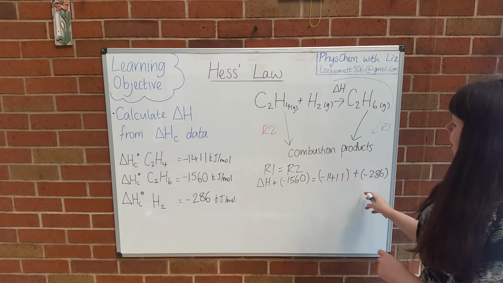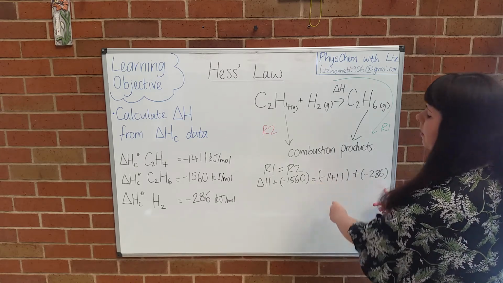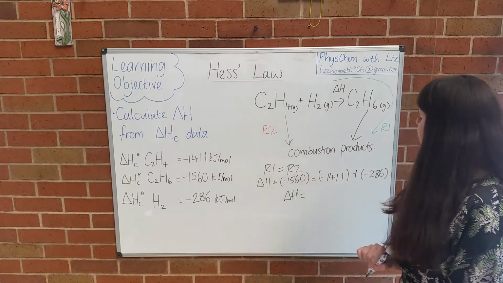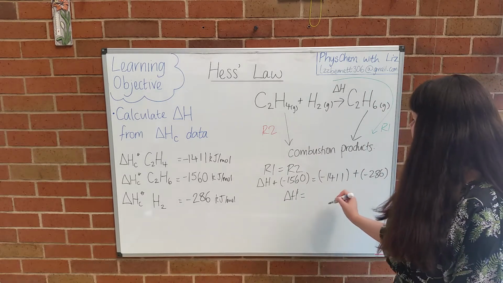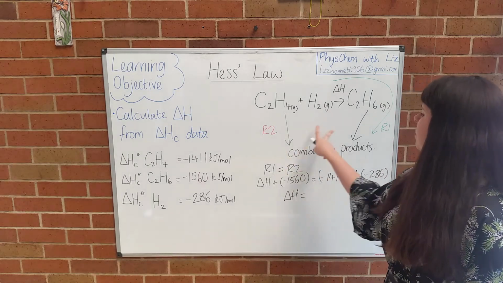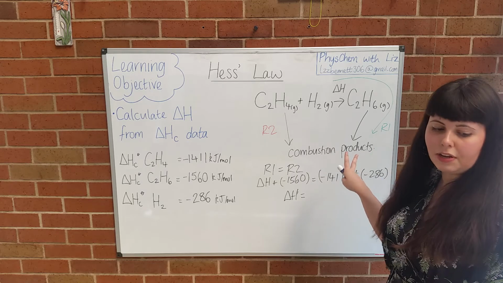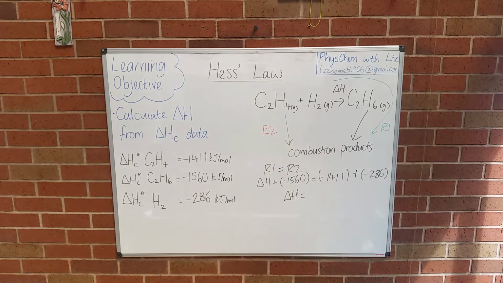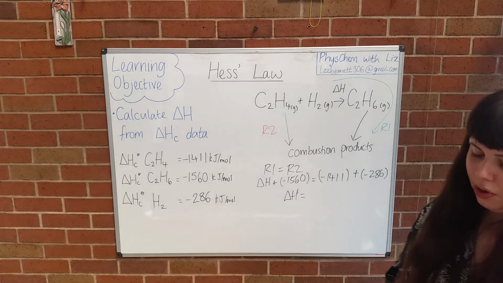We work this out on our calculator, this side first. Then we rearrange in terms of delta H. And to isolate delta H, we take this over to the right hand side, it becomes positive 1560. So let's work that out on the calculator.